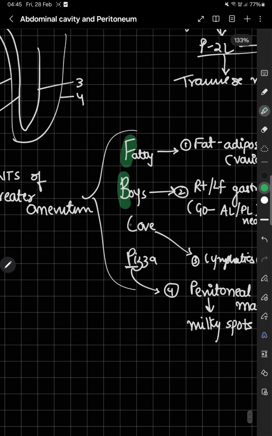We have fatty boys love pizza. F for fat, B for blood vessels, where we have the right and left gastroepiploic vessels, which run between the anterior and posterior layers of the greater omentum near the greater curvature of stomach. L for lymphatics, related to the immune cells, and P for peritoneal macrophages, which is also related to the immunity.